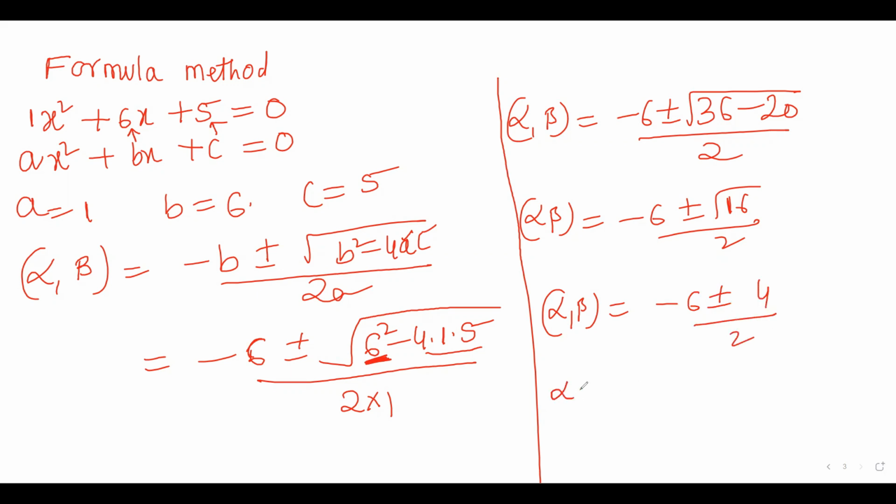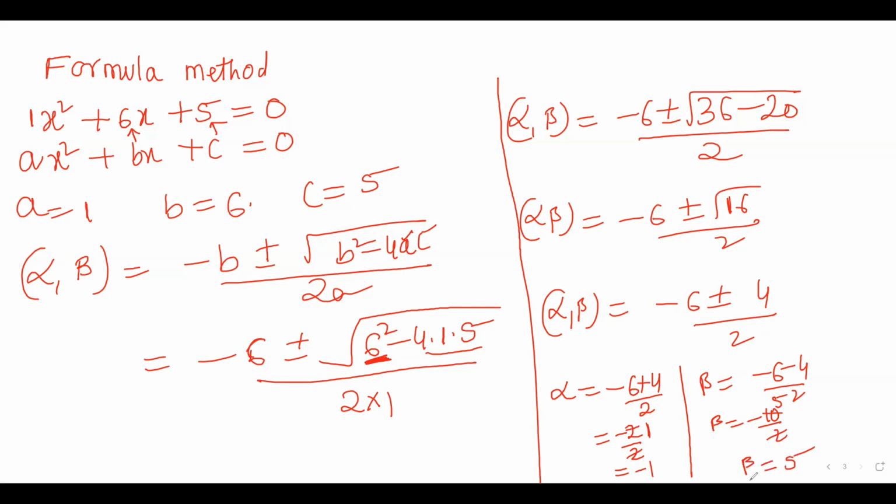In alpha you will take plus. You will get minus 2 by 2, which is nothing but minus 1. In beta you will take both minus, minus 10 by 2, which is nothing but minus 5.